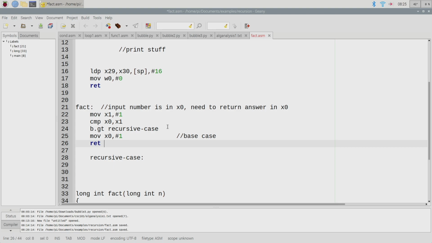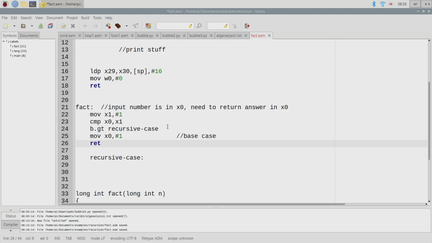Right now 5 is in X0. So in C, what would I do here? I'd say return n times fact of n minus 1. So the first thing I've got to do is compute n minus 1. I just need to take 1 away from 5, and then I need to pass that to my function. What's the problem, though?